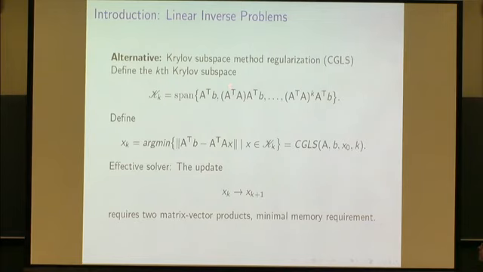Now you define x_k to be the minimizer of the norm of A transpose b minus A transpose A x in that Krylov subspace, and the CGLS algorithm, which I'm not stating here, is a fast and efficient way to do this calculation. There's an effective updating formula which requires, for each update, when you're adding one dimension to your Krylov subspace, only two matrix-vector products, and the memory requirement is minimal.